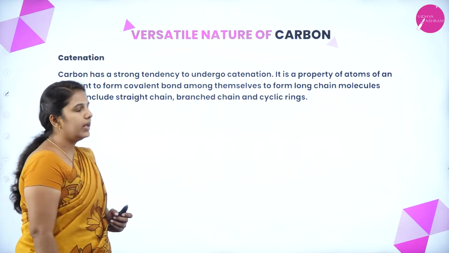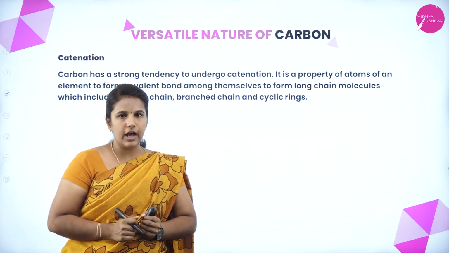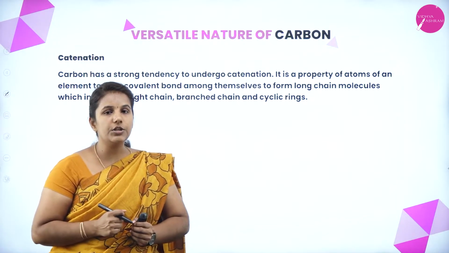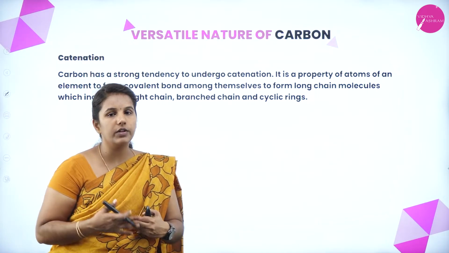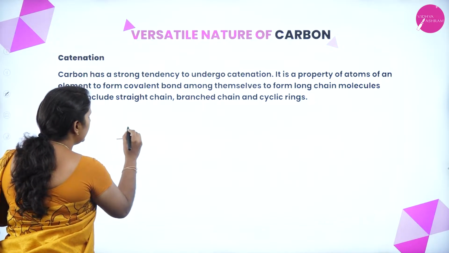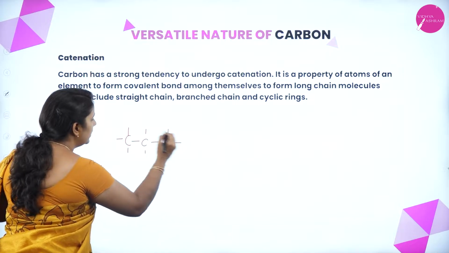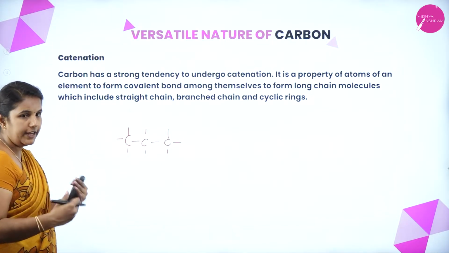Let us understand catenation. It is another versatile nature of the carbon. We know that catenation means the self-linking ability of the carbon. We all know that the carbon has a 4 valency, correct? So, it can link with the other carbon atom and thereby it forms a straight chain.